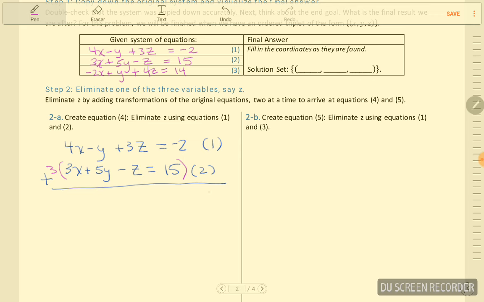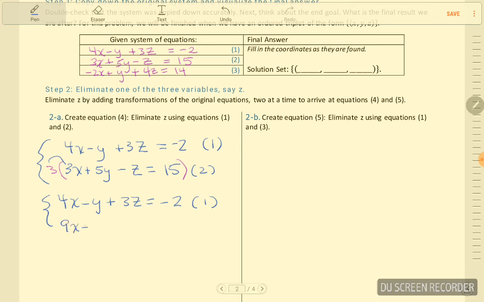So I'm going to end up with a new equation, equation 4, after this is completed. But what I'm going to do first is the transformation, and then I'll add them. So I want to simplify this step first. So like I said, I'm going to keep the first equation the same, and multiply everything by 3 for the second equation.